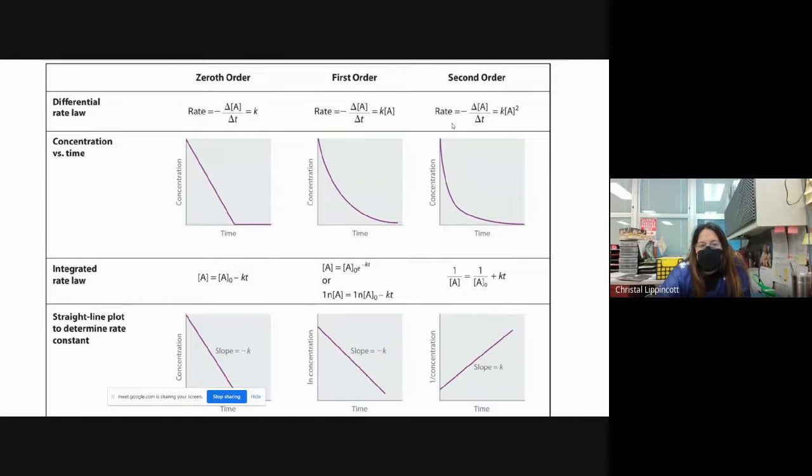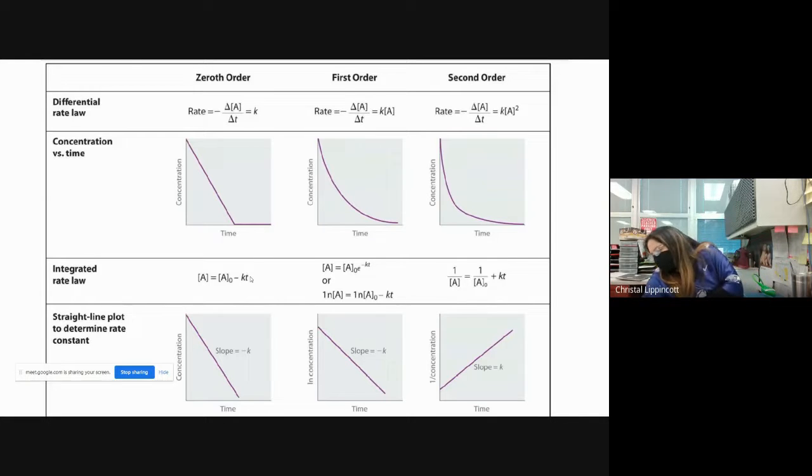So this is just kind of a summary of what we've talked about. But if you're familiar with how to put these in your calculator, life is much easier. Now, this one right here is actually on your equation sheet. That is the top equation on your equation sheet.